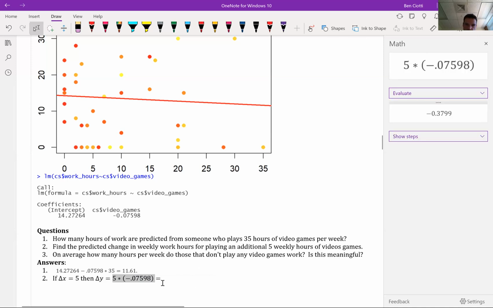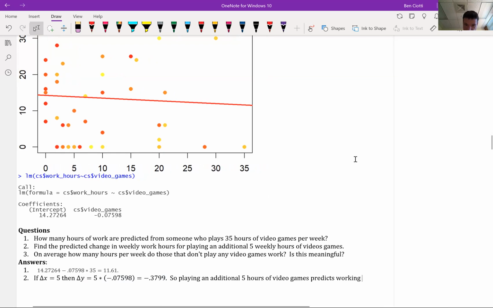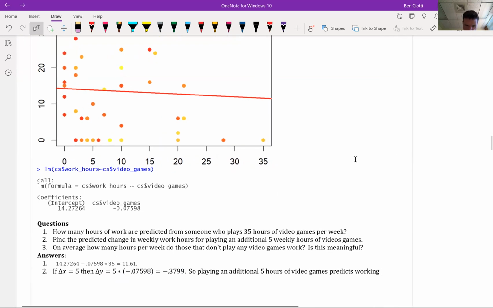Negative 0.3799. In particular, it's negative about 0.38 fewer hours per week, okay?